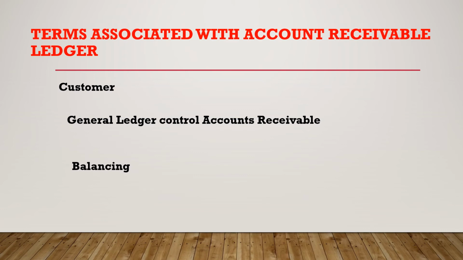We have balancing. Balancing is the stage at which you compare your general ledger control account receivable to account receivable ledgers. The total of the general ledger control account receivable has to be equal to that of the account receivable ledger.